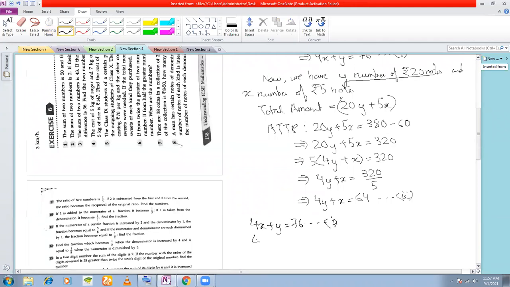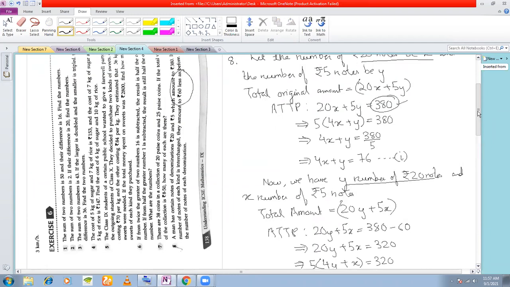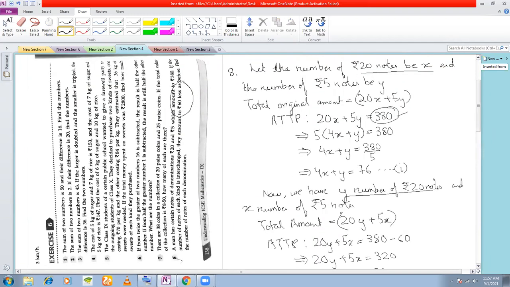Excuse me, sir. Tell me. Sir, can you explain how you got the second equation once again? If you read the second part of the sentence here, if the number of notes of each kind is interchanged, the amount is 60 less as before. Initially I had X 20 rupee notes. Now, because I'm interchanging the number of notes, I have Y number of 20 rupee notes.